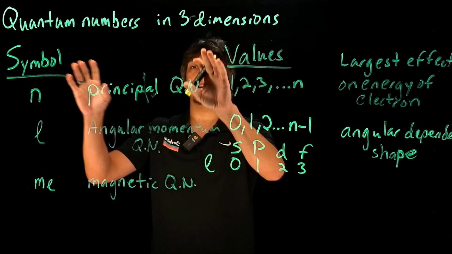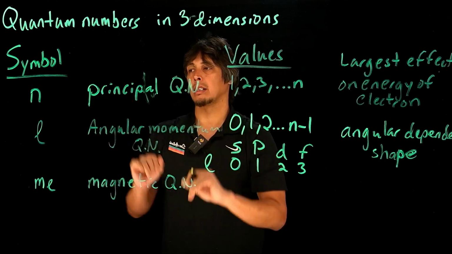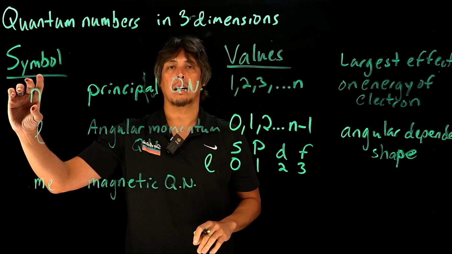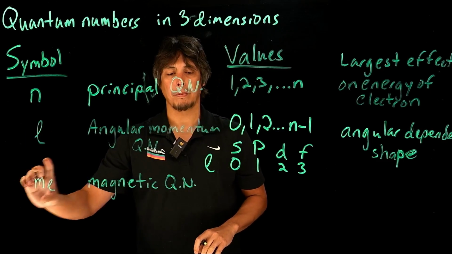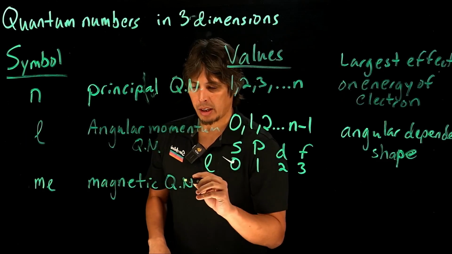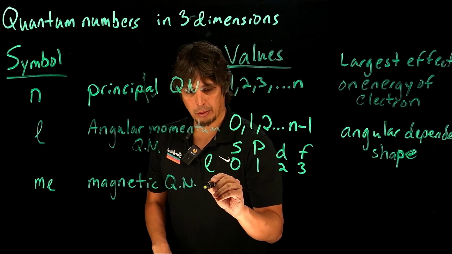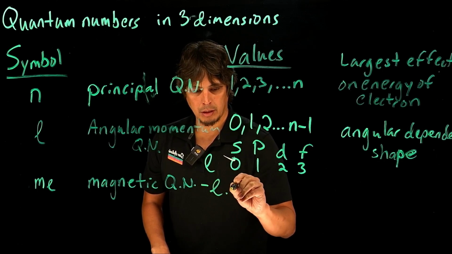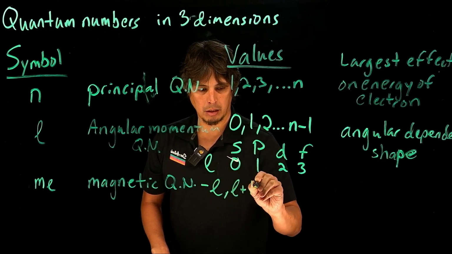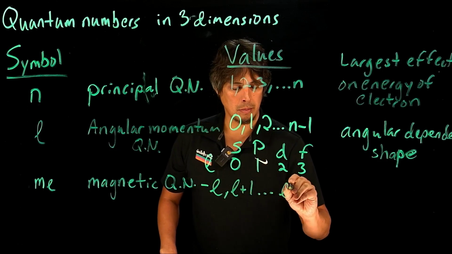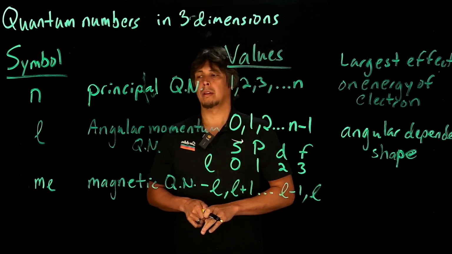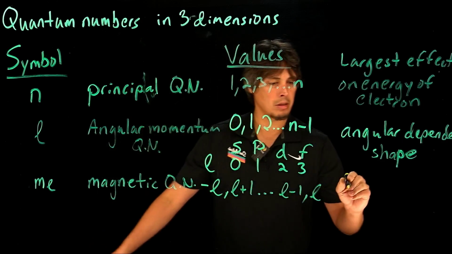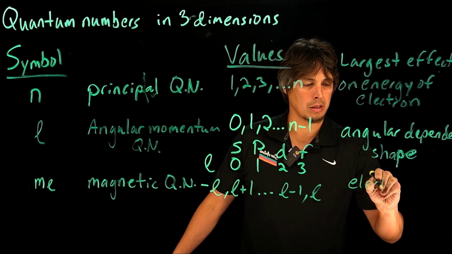You see there's a hierarchy being established here, where n dictates the value of l, which dictates the value of m sub l. m sub l can range from negative l to positive l. And this tells about the electron orientation in space.